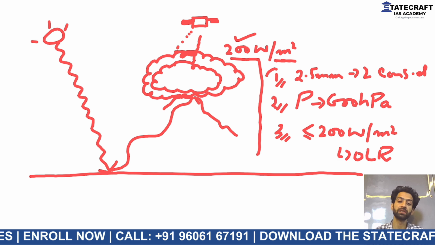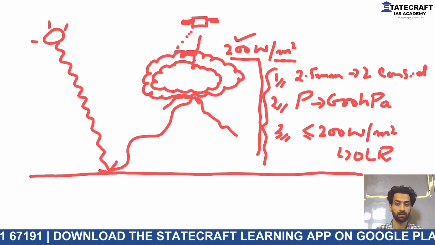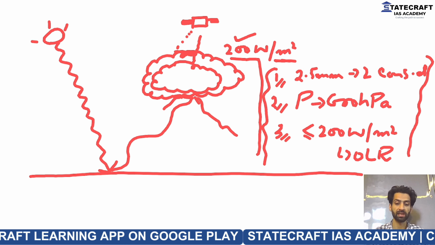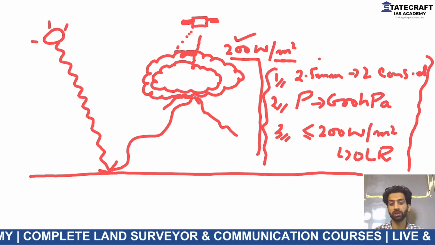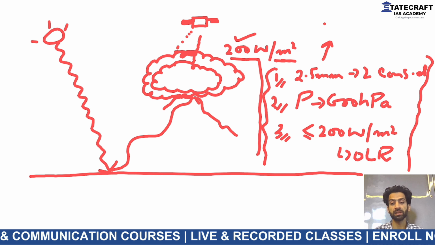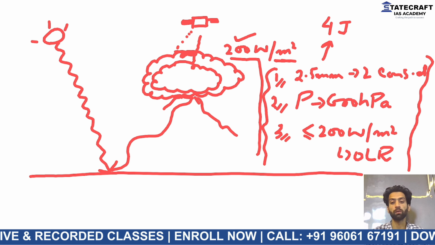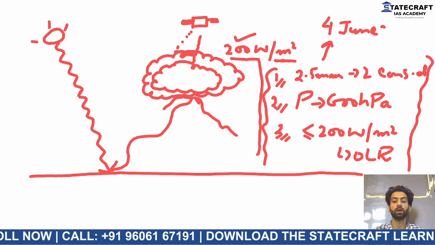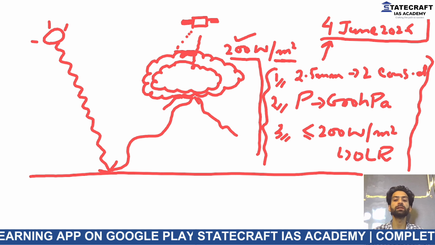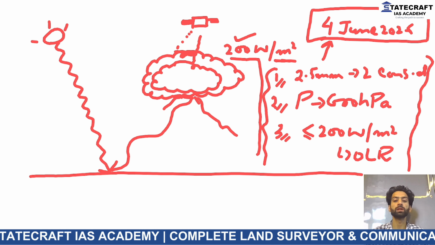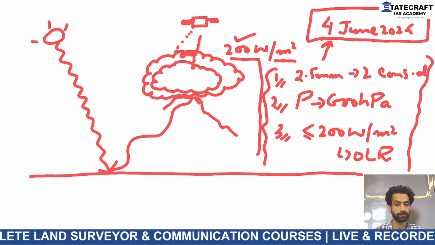When these three criteria are met simultaneously, then the rainfall is considered as monsoon. And this condition in the year 2026 was observed on 4th of June 2026, which showed a slight delay from the normal date of arrival of monsoon.